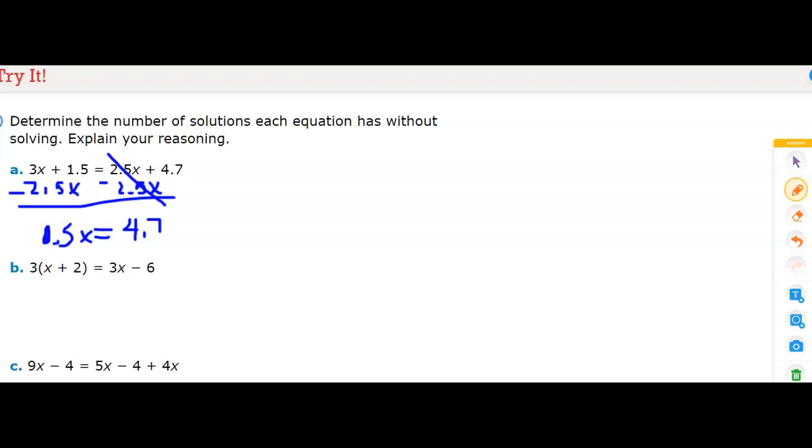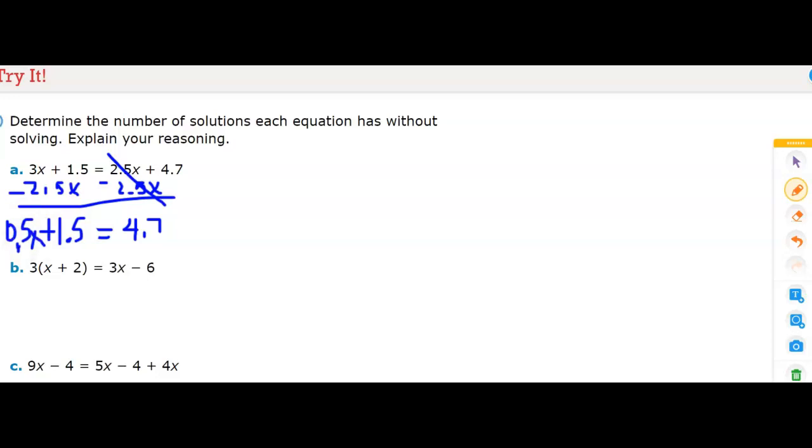And then we have 1.5 tenths, which I forgot to write in. Actually, I did write it and I wrote over it. Okay, my apologies. So this is 1.5, and that's 0.5 x.